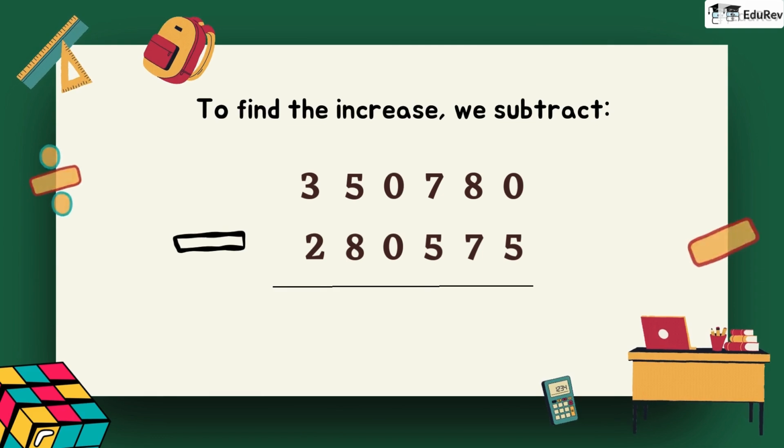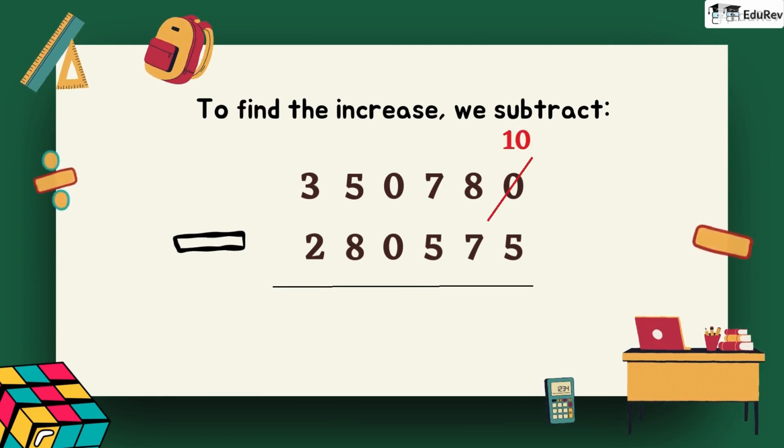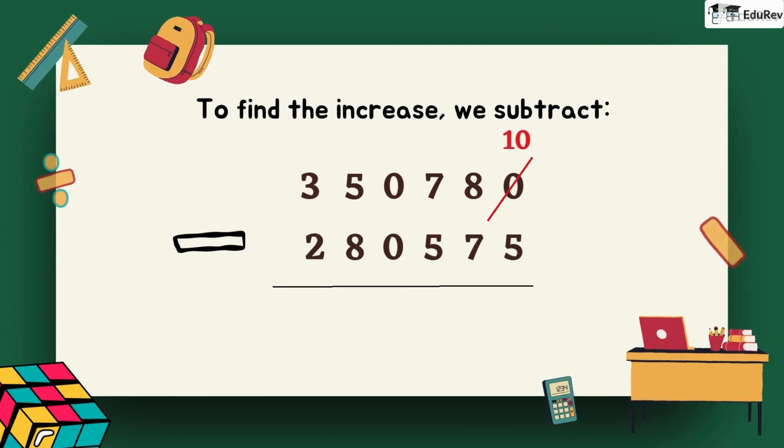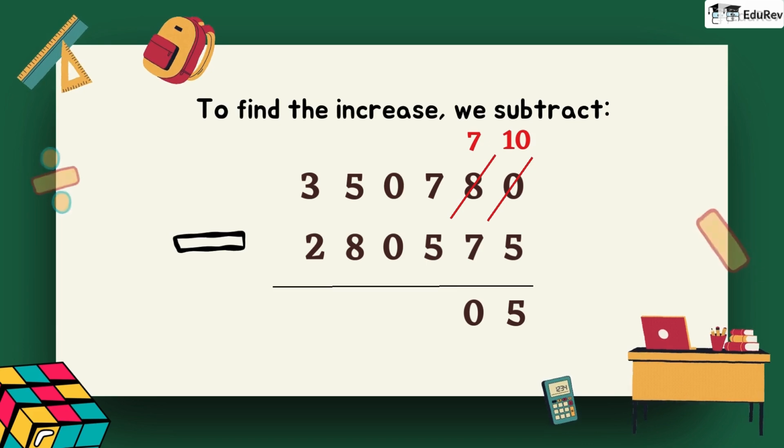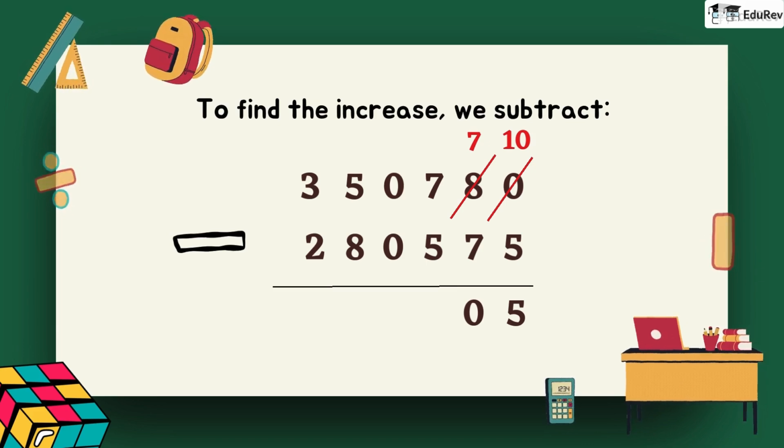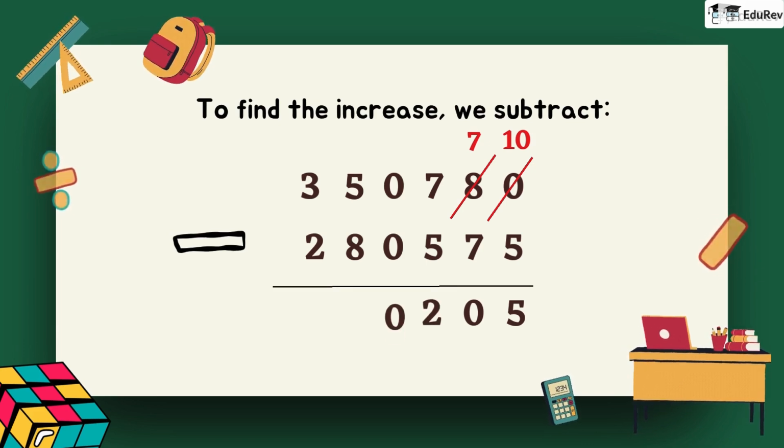3,50,780. 0 at ones place becomes 10 by borrowing 1 from 8, and 10 minus 5 gives the answer 5. Since 8 has given 1 to 0, it becomes 7 itself, and 7 minus 7 is 0. 7 minus 5 is 2. 0 minus 0 is 0.